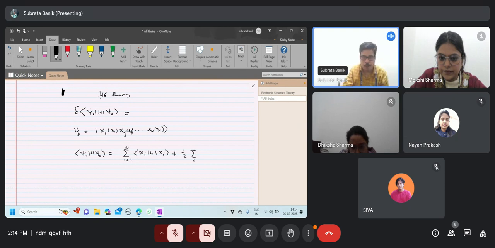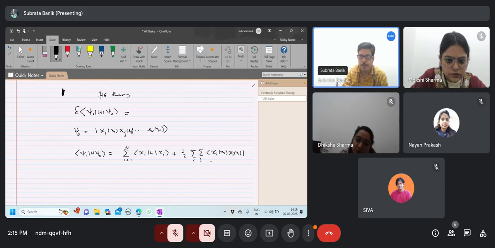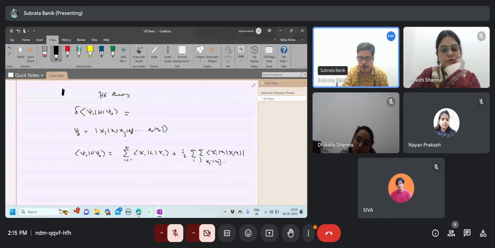And half of the sum over j of chi_i(x1) chi_j(x2), where this vertical line represents the 1 upon r_12 integral operator, then chi_i(x1) chi_j(x2), right?